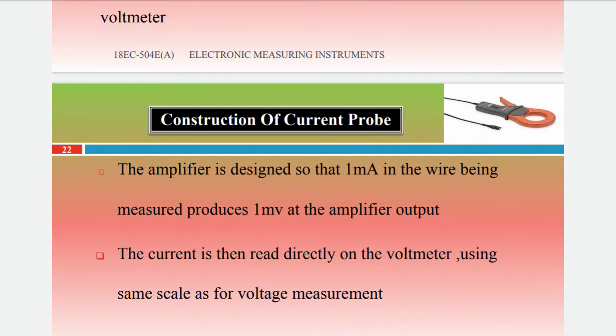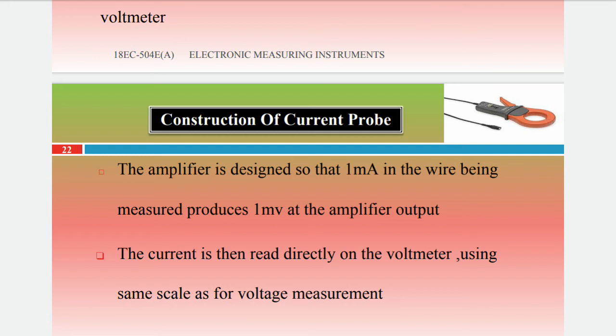This current probe generally consists of a magnetic core with a removable piece which is used as the coupling element for the current probe. The wire carrying the current to be measured is inserted in the center of the magnetic core and acts as the primary of the transformer.